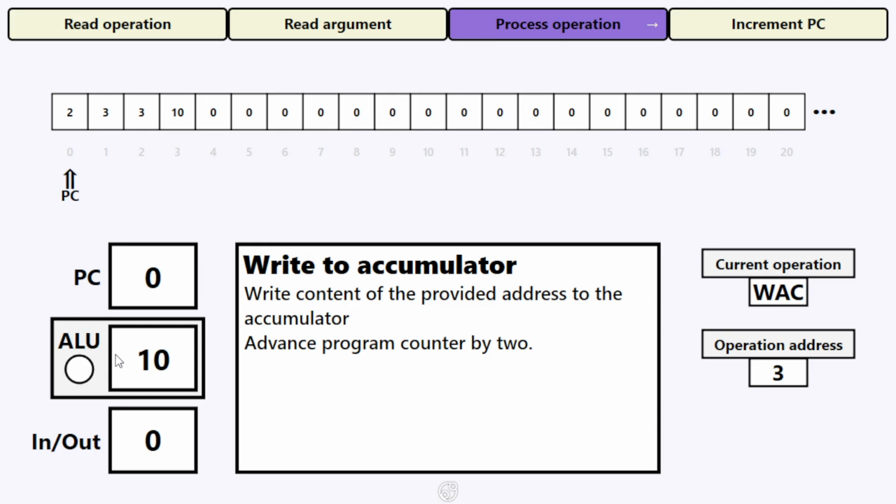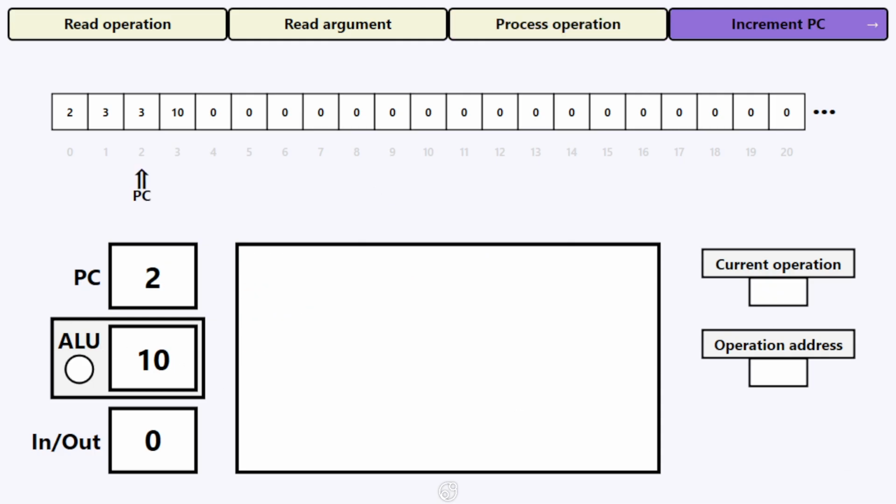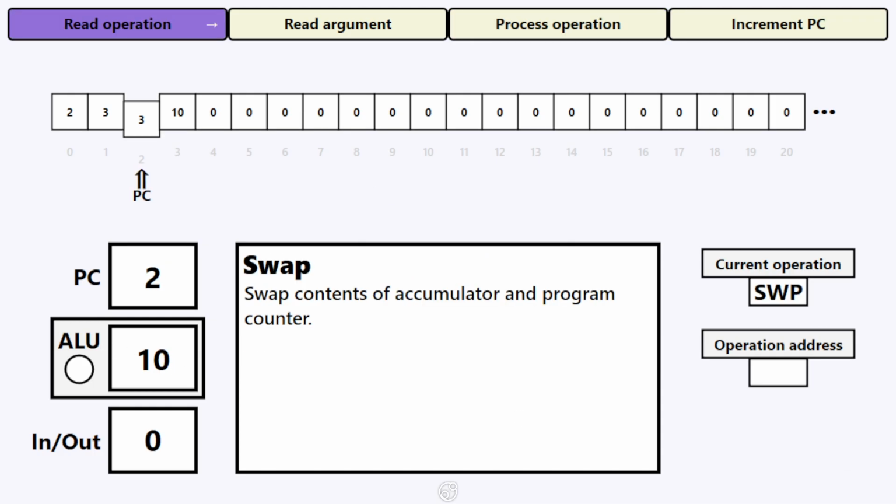This is important now. Now let's move forward to the swap operation. It has no argument. One of the first ones you see that doesn't have any arguments, it's just on its own. Here comes the fun bit. Our program counter right now is 2. We had address 2.